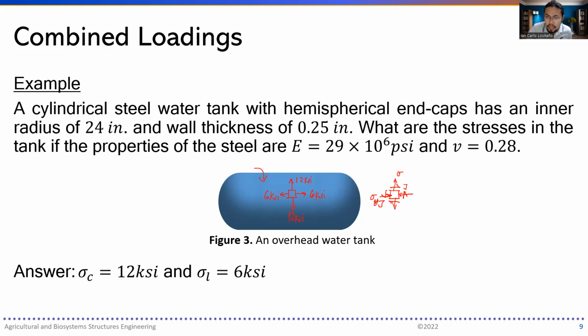This is going to be y, and this is x, and the shear is going to be along your x and y. You could determine the maximum in-plane shear stress and principal stresses as well when you try to solve for them using the equations and also the Mohr circle.